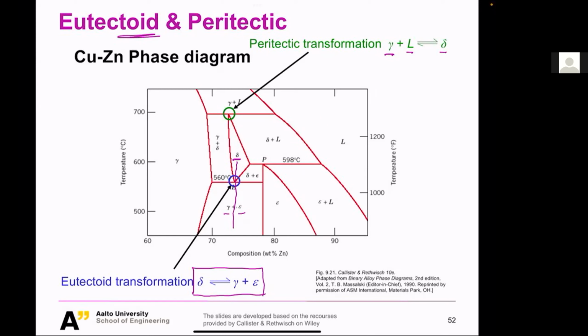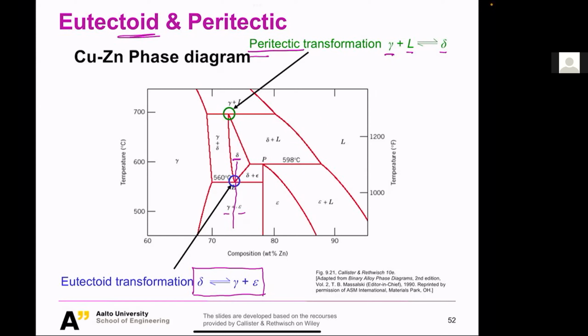So you cool down a liquid plus a solid, and it becomes one single solid. This is so-called peritectic transformation. And you know, peri in Greek also has meaning. It means kind of around or near. So this is not exactly eutectic or to melt, but it's like peritectic. All right. I think everybody got it. So now we get two new transformations.